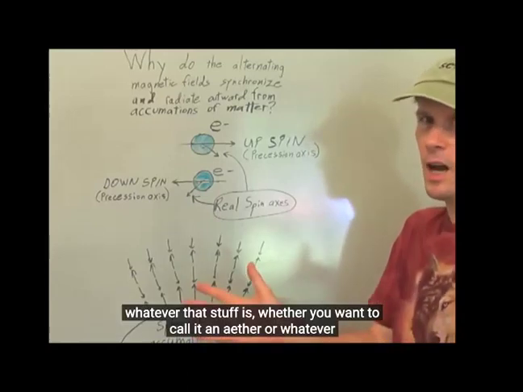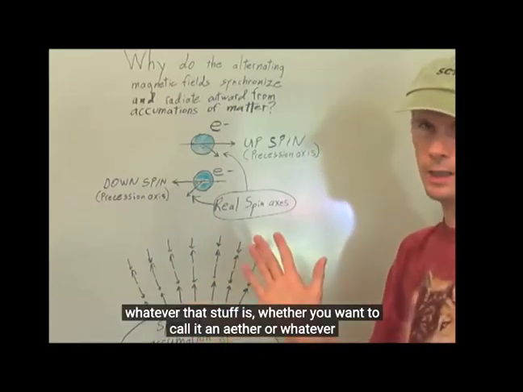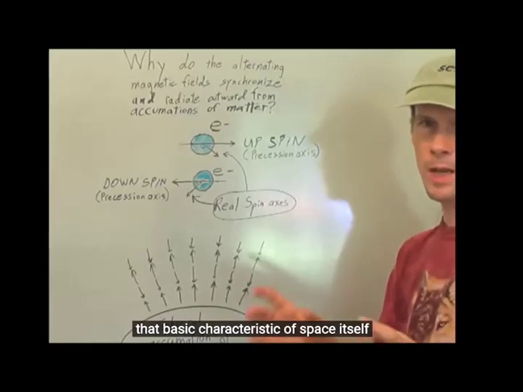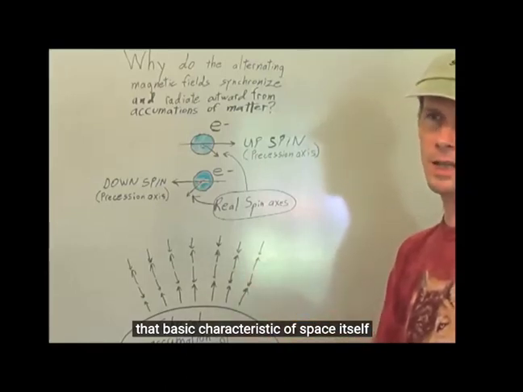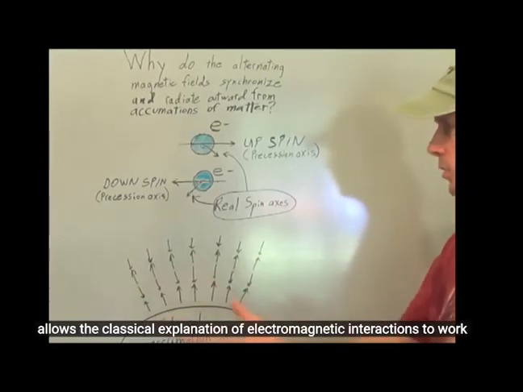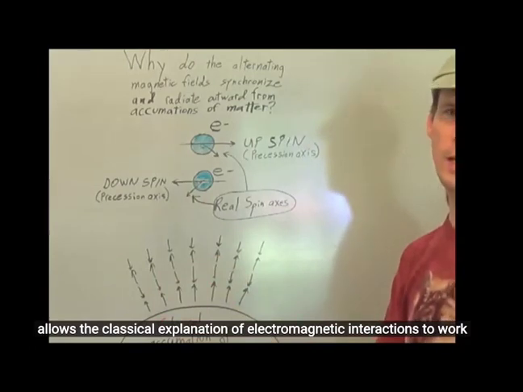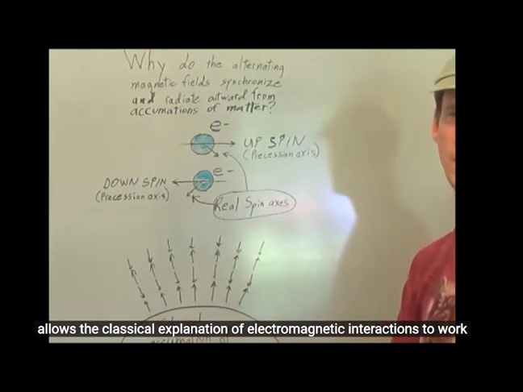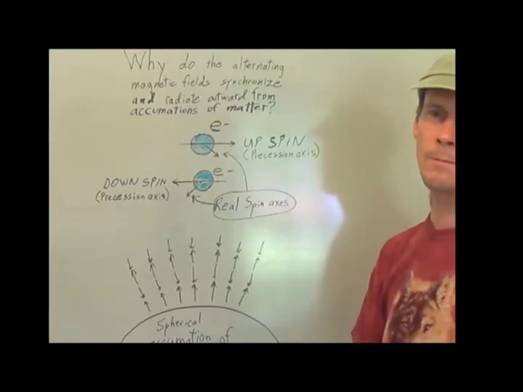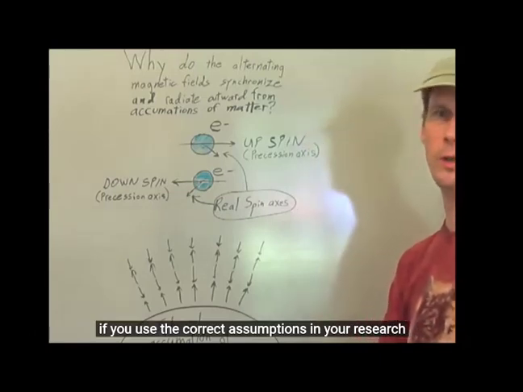And whatever that stuff is, whether you want to call it an ether or whatever, that basic characteristic of space itself allows the classical explanation of electromagnetic interactions to work if you use the correct assumptions in your research.